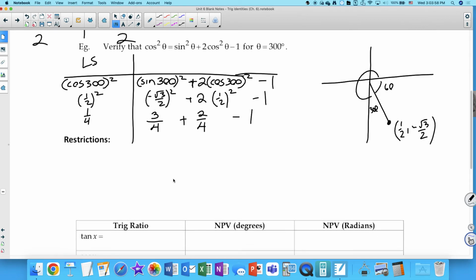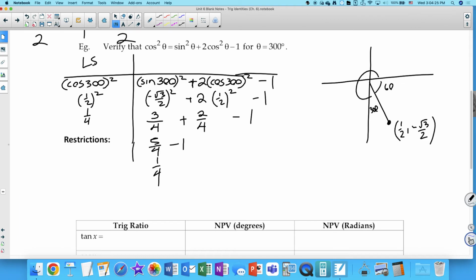So this works out to be 5 over 4 minus 1. And 5 over 4 minus 1, that's minus 4 over 4. That is 1/4.